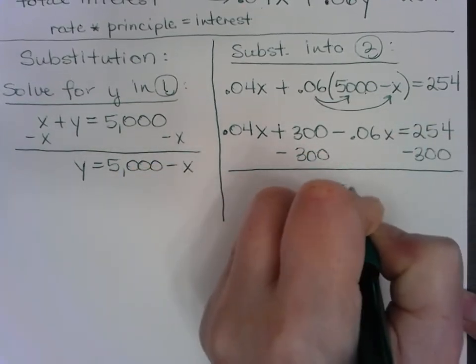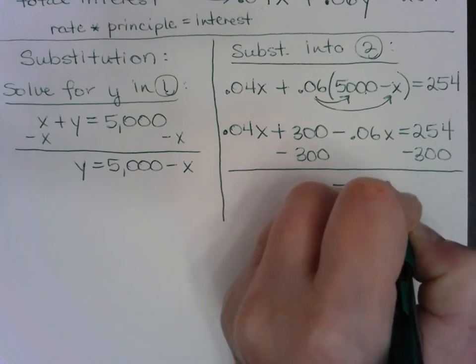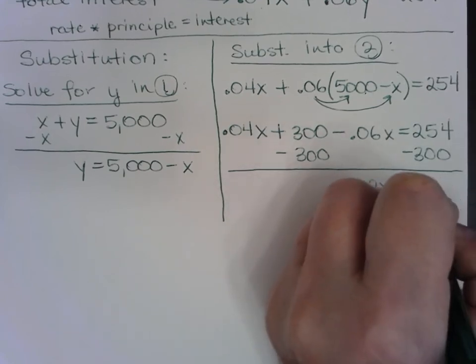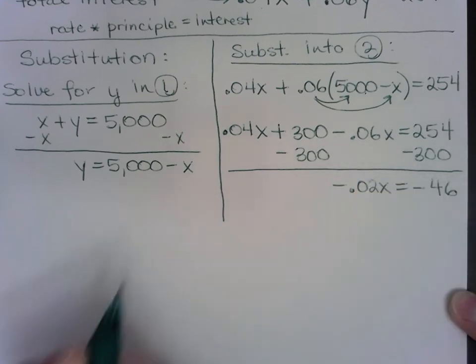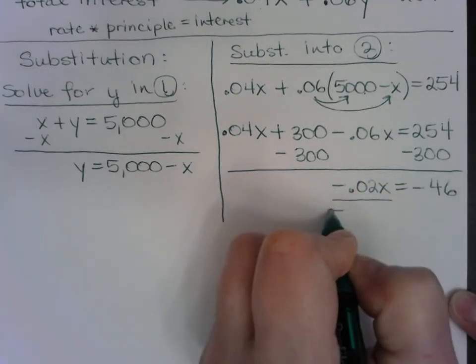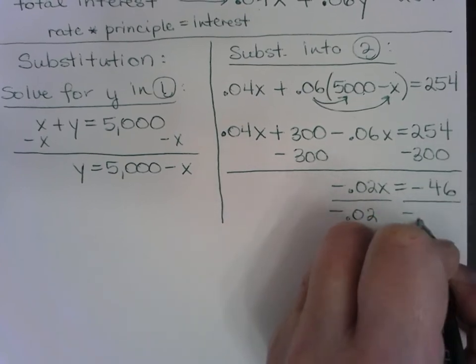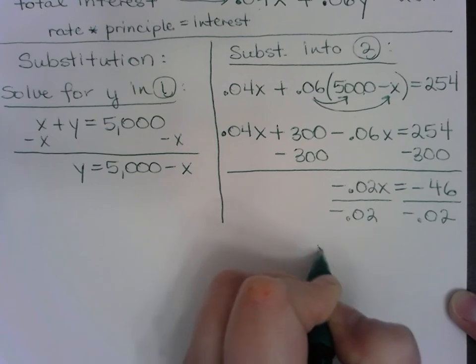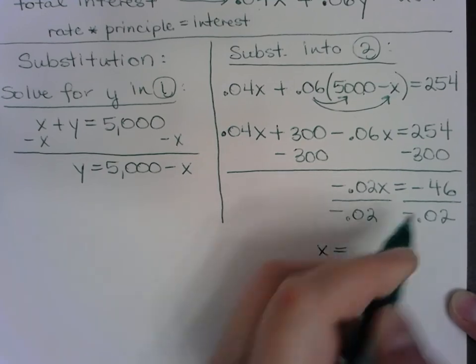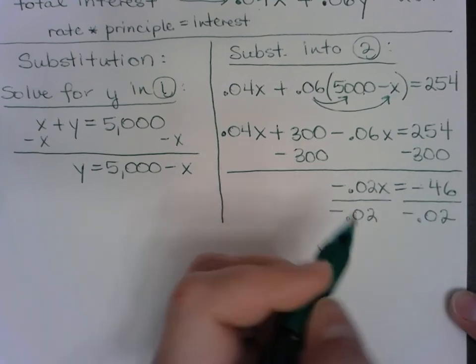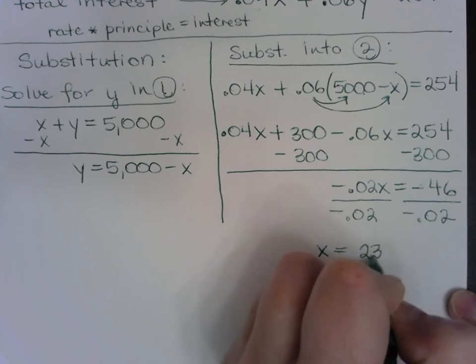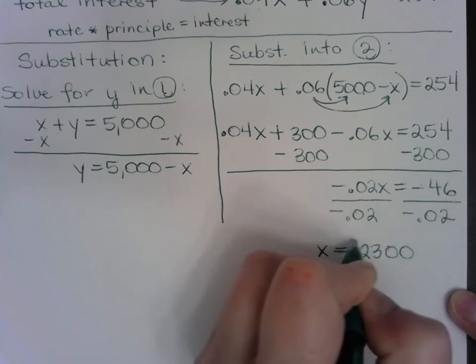So I'm going to get negative 0.02x equals negative 46. And then I'm going to divide by negative 0.02. The two negatives are going to cancel, and this should give me 2,300.